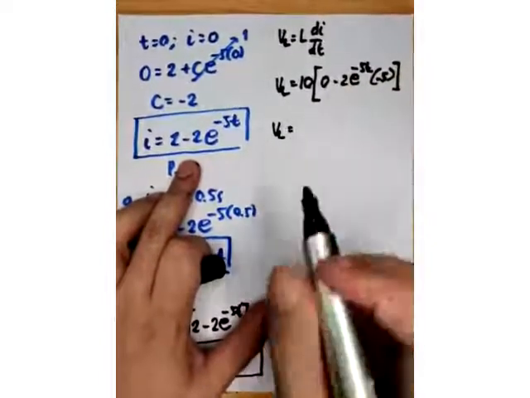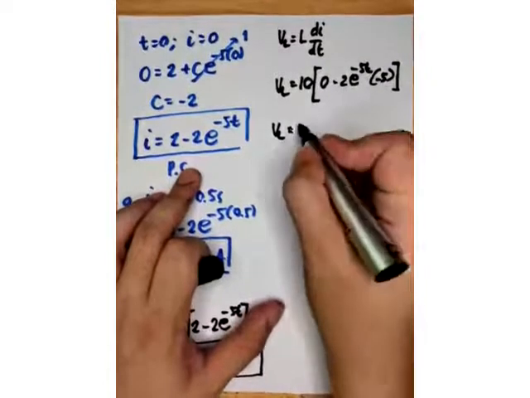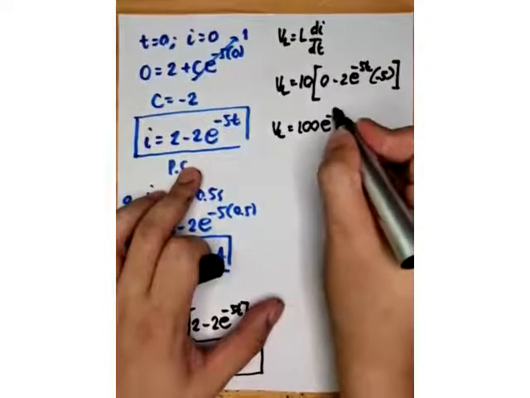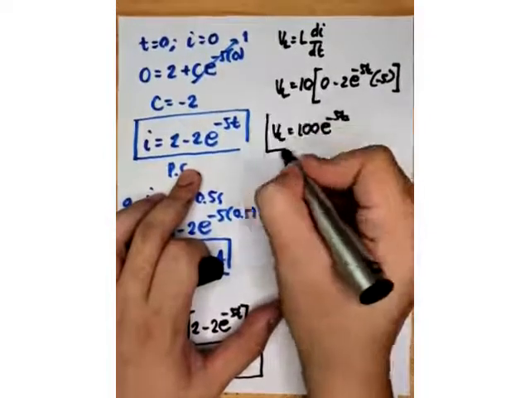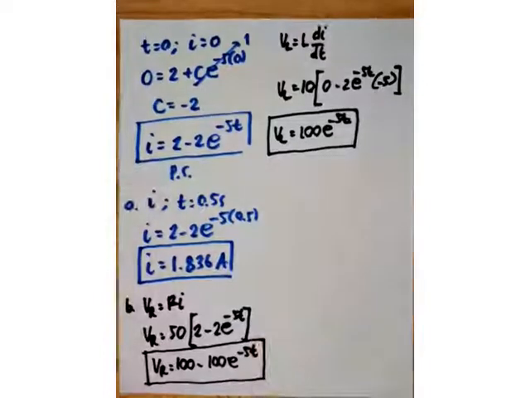So that is positive 10, so VL is equal to 100 e raised to negative 5t.